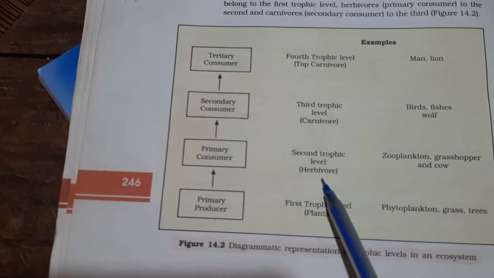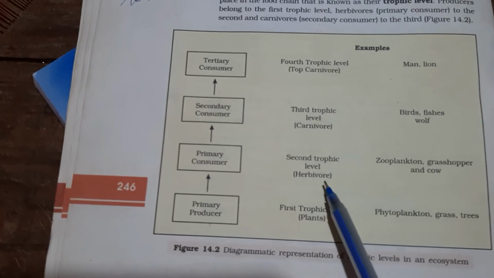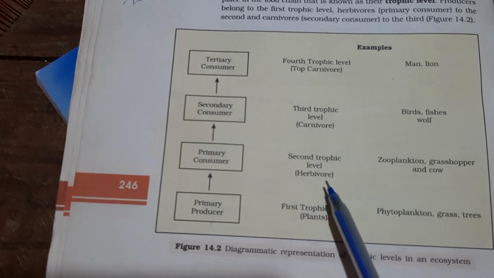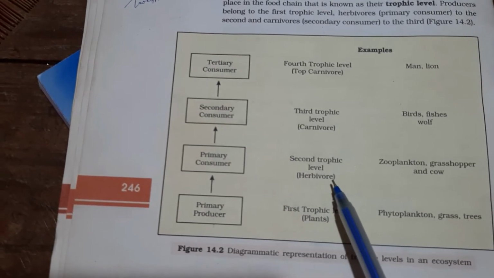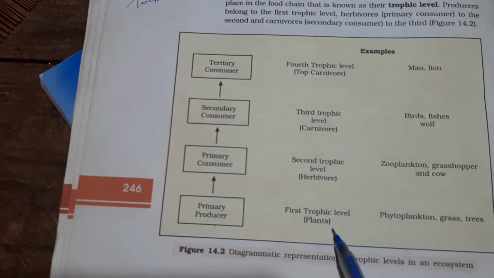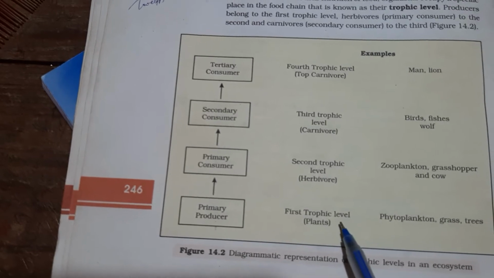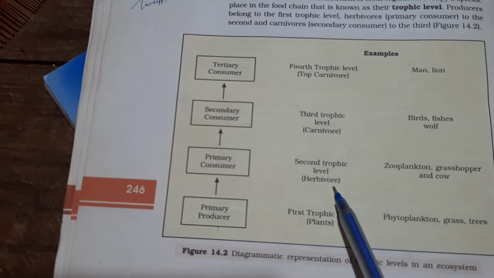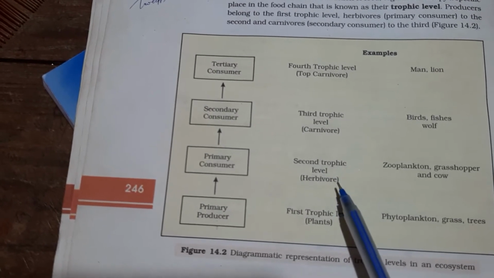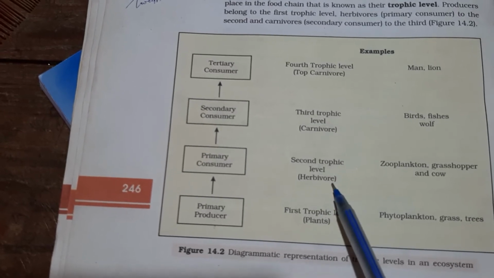So what are herbivores? Herbivores are those organisms or animals which eat plants, herbs, or shrubs for their living, growth, and reproduction.